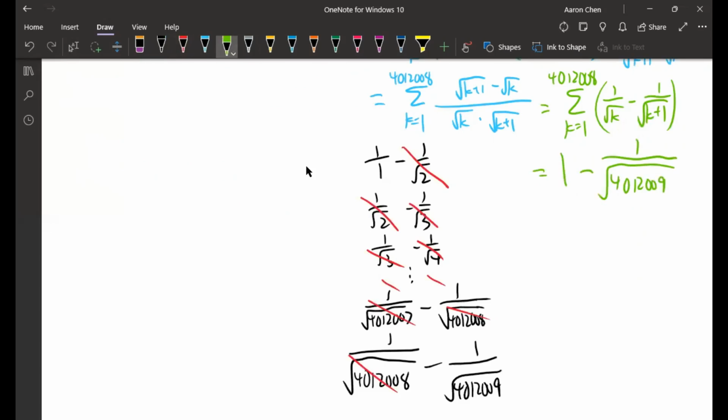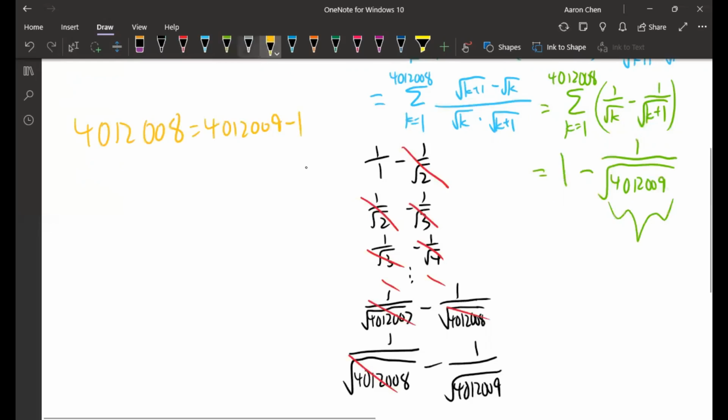And if you remember the hint I gave earlier, it was about the relationship of 4,012,008 in relation to other numbers. The way you could bring that relationship into play was by using the fact that 4,012,008 is 4,012,009 minus 1. Although this may seem simple, this actually means that it's 2003 squared minus 1.